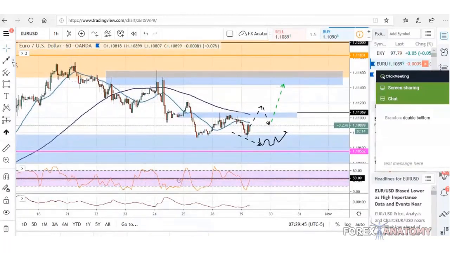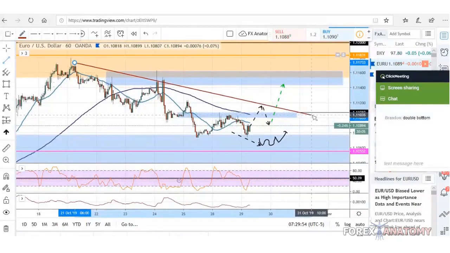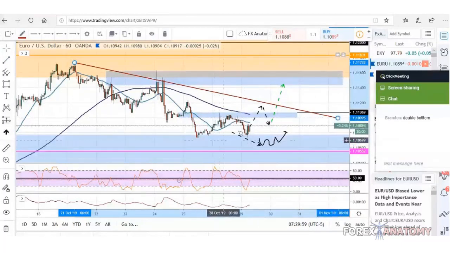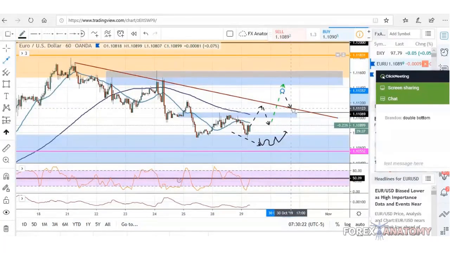Also, this is something else that you could do. I'm just going to add something else to this Technical Tuesday session. We can see here that price is sort of trending, you could say, to the downside. We have this counter trend line. If you wanted to, you could do something like this, where if price does push higher and we get the correction, if you're concerned about this trend line, which you should be, you can always wait for price to break above this trend line and then wait for another retest or a pullback to retest that trend line as support before you decide to go long again.